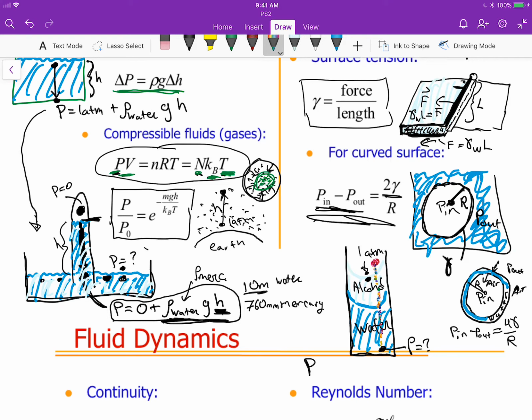So we know we have 1 atmosphere up here at the top, right? And we follow it down to the top of this alcohol surface, and it's still 1 atmosphere.